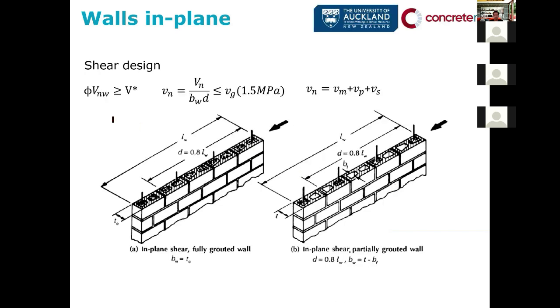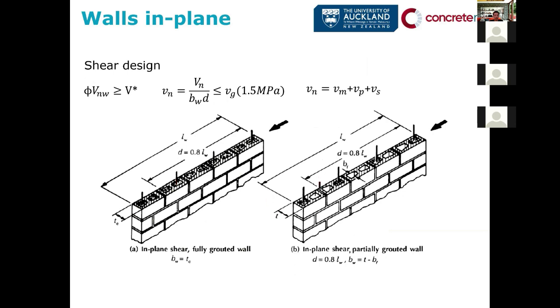Then the shear design depends on whether we have a fully grouted wall or a partially grouted wall. If it's a fully grouted wall, the whole gross section of the wall is contributing to the shear resistance.